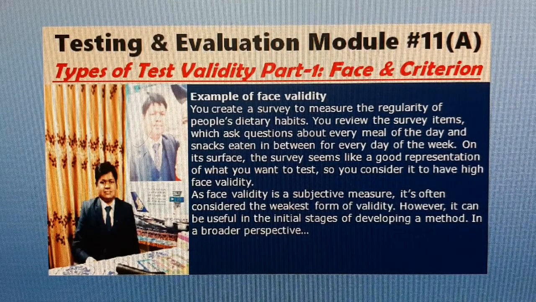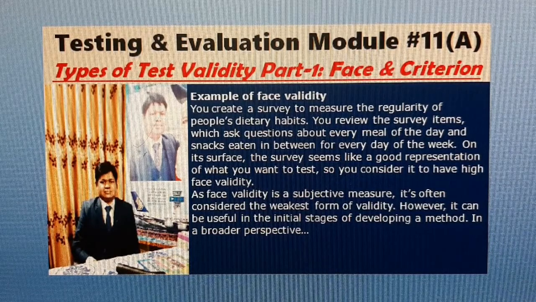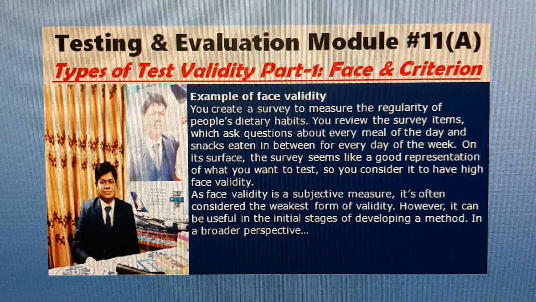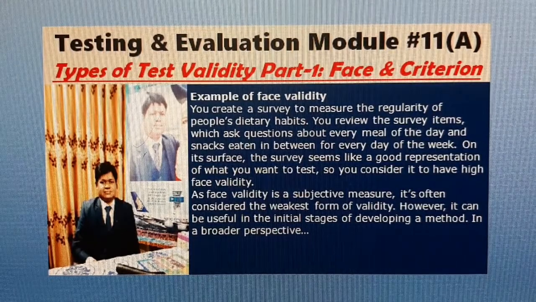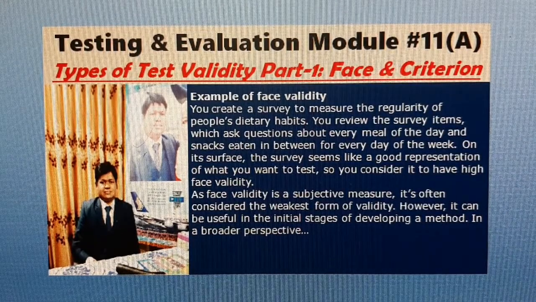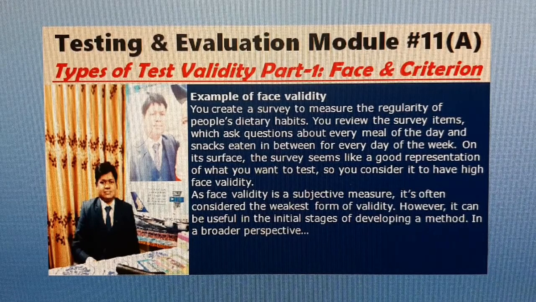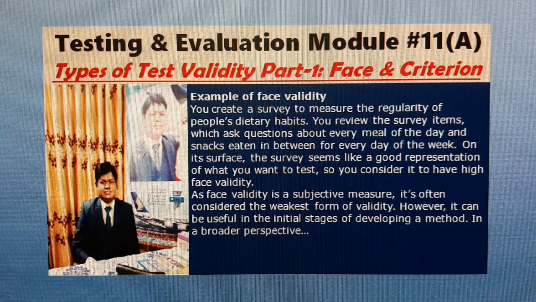On its surface, the survey seems like a good representation of what you want to test, so you consider it to have high face validity. As face validity is a subjective measure, it's often considered the weakest form of validity. However, it can be useful in the initial stages of developing a method.